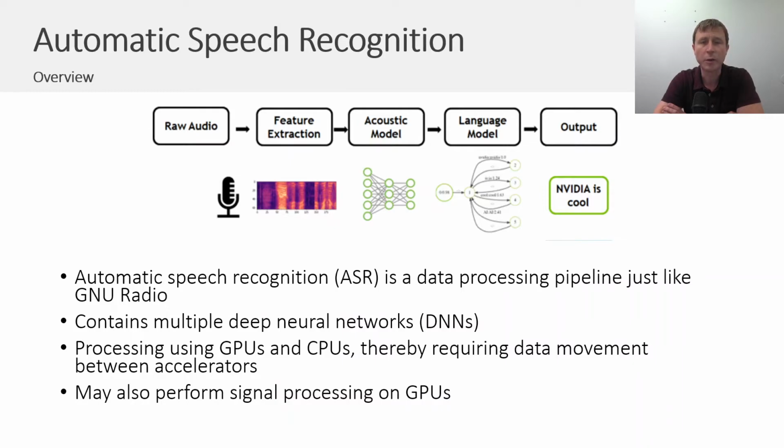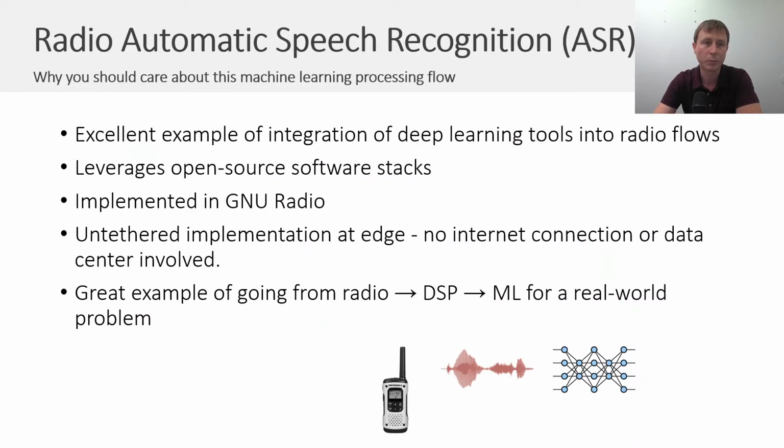These automatic speech recognition, or ASR, algorithms contain multiple DNNs, and they leverage CPU and GPU processing, making data movement and efficient data copies between accelerators very important. And of course, you can do the signal processing on the CPUs or the GPUs. You don't have to do that strictly on CPUs or FPGAs.